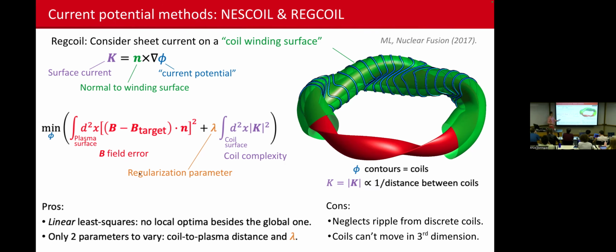There's some prescription for finding a way to get coils from this continuous sheet current that doesn't give you huge errors. It'll give you a little bit of error because it's now a discrete set of coils. But this is really a post-processing thing. The optimization problem itself has no coils. It's just continuous sheet current.